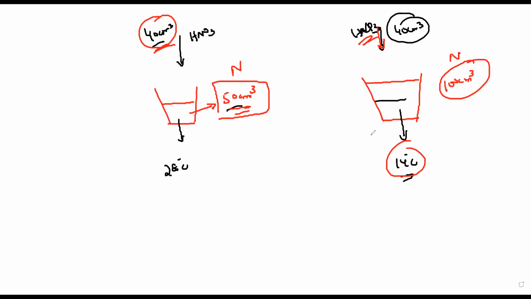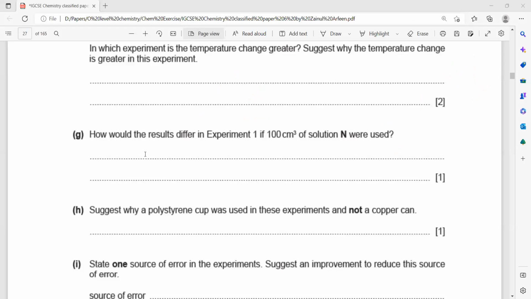There is still excess N. Some of the N is unreacted. So how do the results differ in experiment one? If we use 100 cm cube of solution N, the temperature change will be smaller.